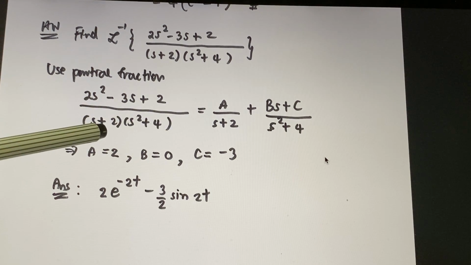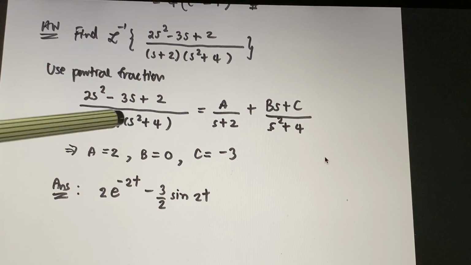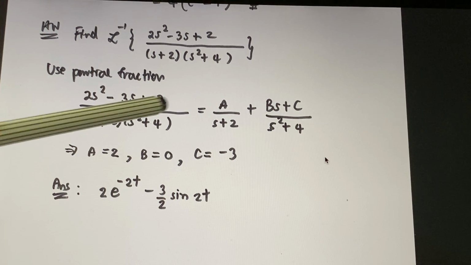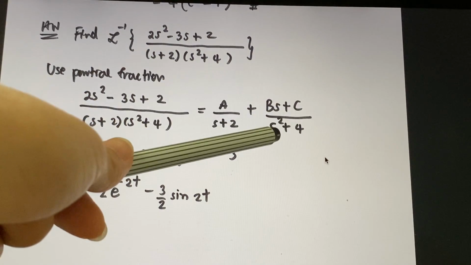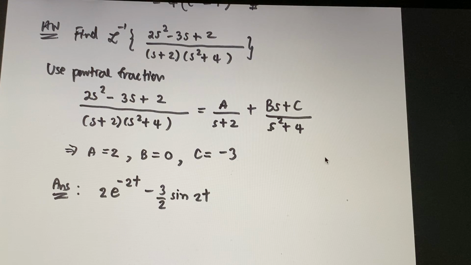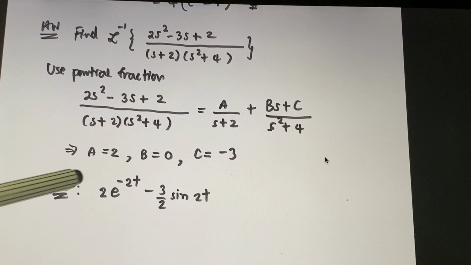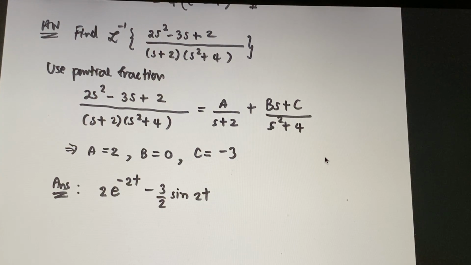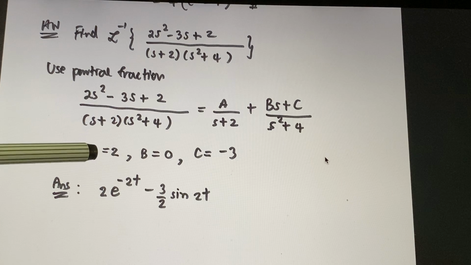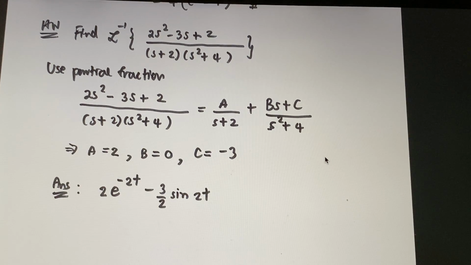We have one linear factor and one irreducible quadratic factor. So you set up a constant over the linear factor, plus a linear term over the irreducible quadratic. Please check this, in case I'm wrong. I found a equal to 2, b equal to 0, and c equal to minus 3.